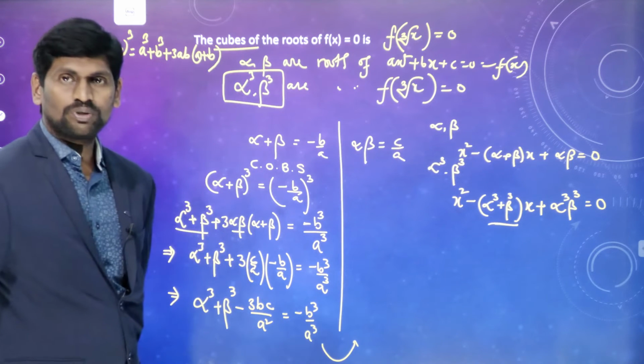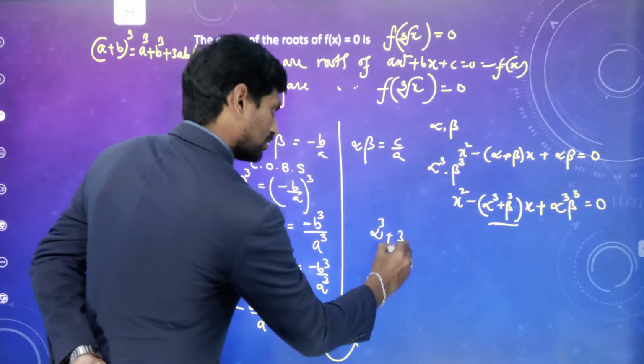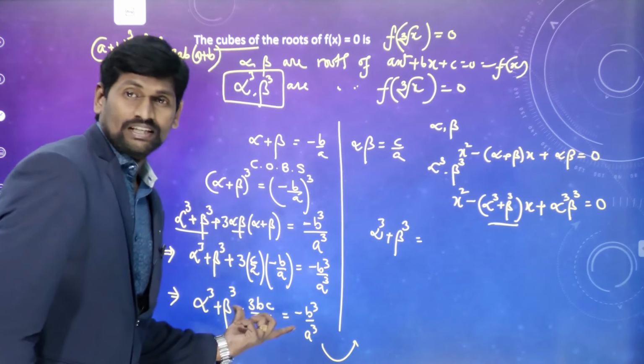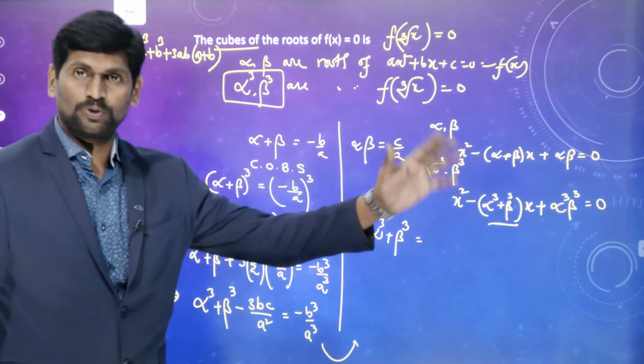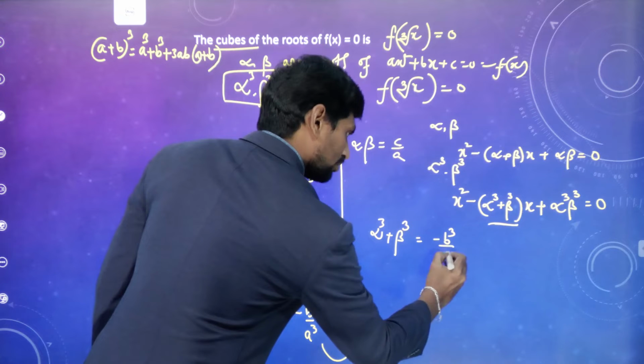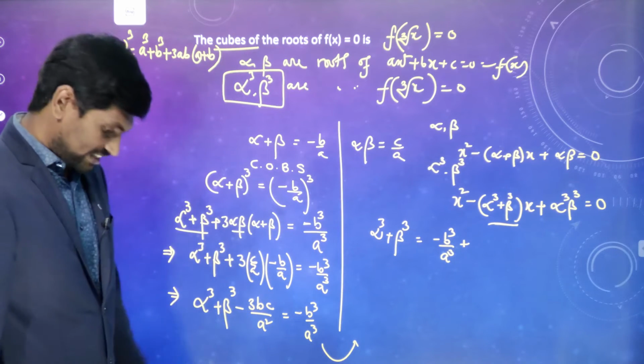I am writing the continuation here. Alpha cube plus beta cube equals, now this minus 3bc by a square term, when transposed, becomes a plus term. Now here already the minus b cube by a cube term is there, plus 3bc by a square.